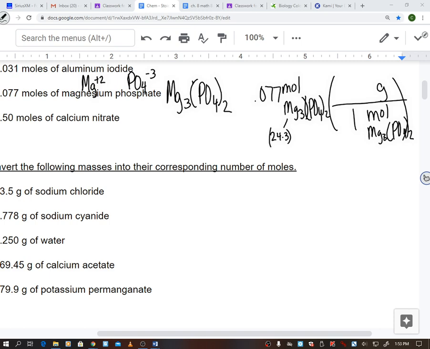What I did is I looked and saw how much does PO4 add up, and then I multiplied that by 2. You could do, hey, there's 2 phosphorus, so it would be 31 times 2. And you could also say there's 8 oxygen, so 16 times 8. You're going to add all of those numbers together, and you should get 262 grams. All right, now when you take 0.077, multiply by 262, you get 282.174 grams.